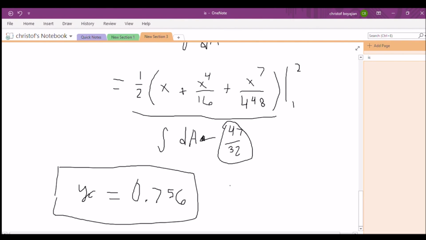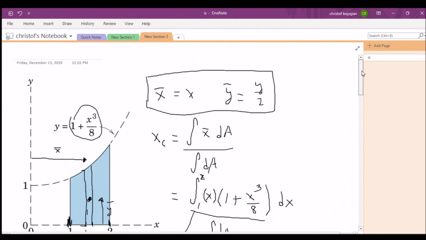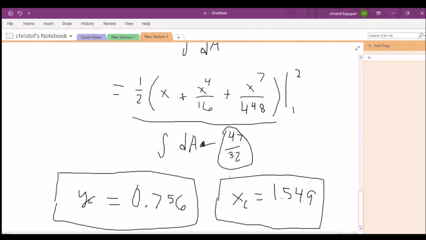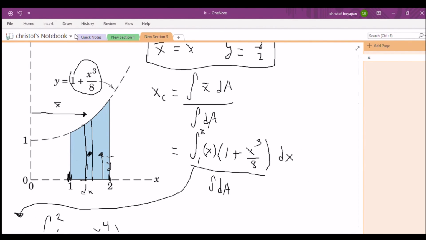Our x centroid is 1.549. All right. So that's it. Let's go back up here. Does this sound reasonable? Well, our centroid has to be within the area of this thing, right? So let me erase this. 1.549. Keep in mind that this is our x-coordinate of the centroid. So 1.549 is somewhere in between this area.